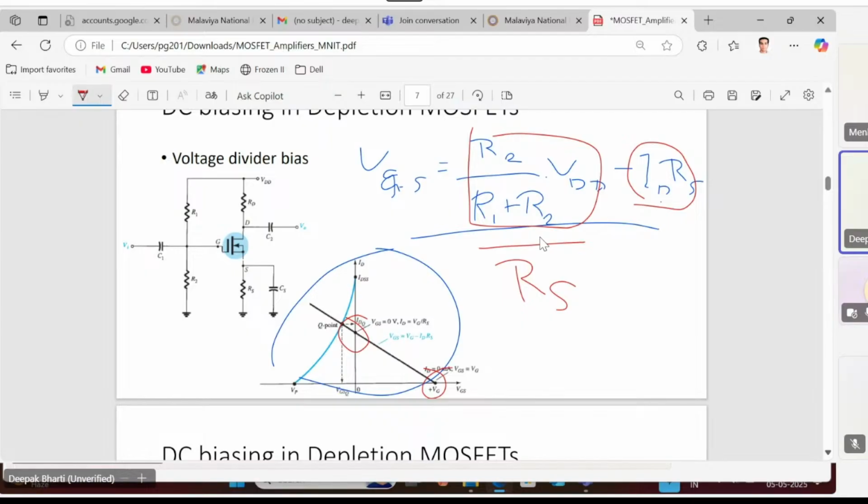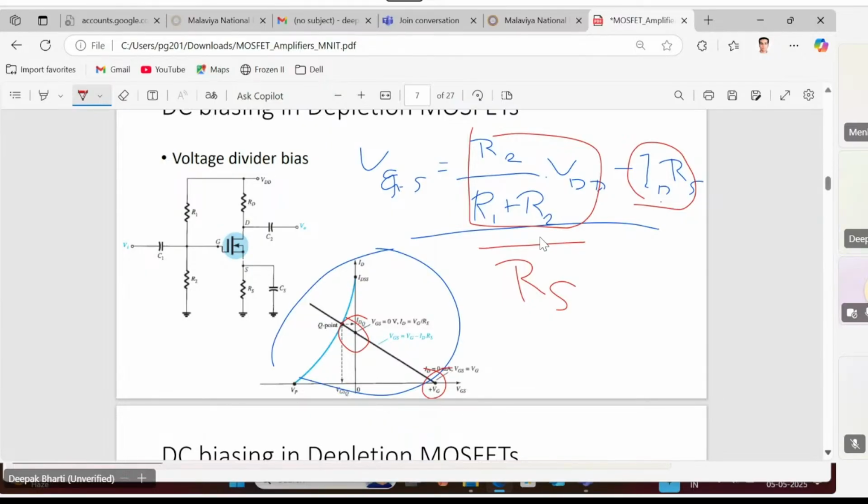And one interesting point here is how can you change the operating point, like the region of operation? Maybe in today's class or a few classes before, you might have studied that there are two regions of operation of a depletion MOSFET. One is the depletion mode, from 0 to VP, and another mode is known as enhancement mode, which operates on the opposite side of VP, right?